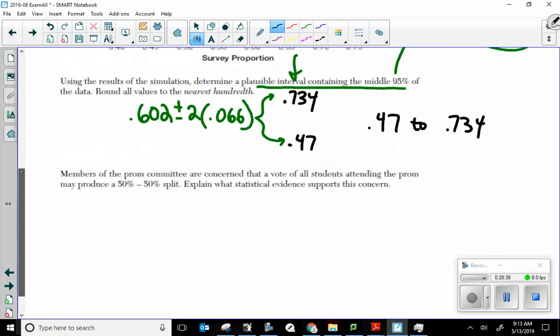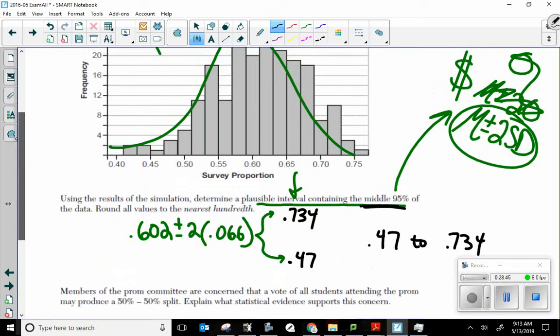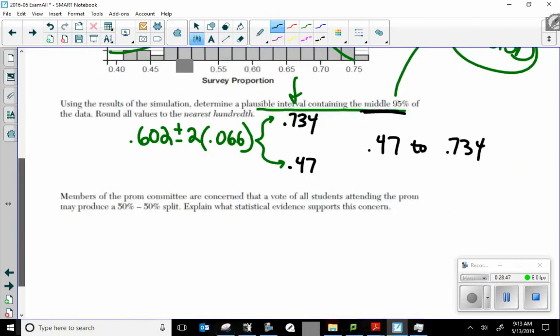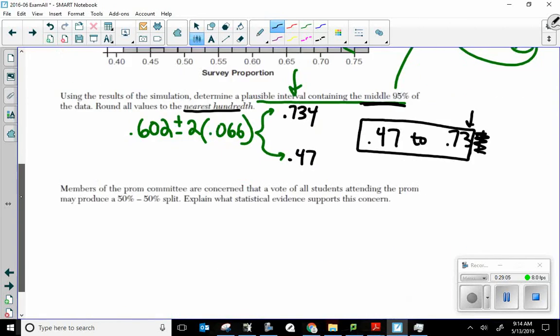Well, because of Mr. Visca's excitement of showing you that this was actually the moneymaker, I didn't finish reading that problem. It says round all values to the nearest hundredth. Hundredth is 2 decimal places. This 3 will stay a 3 and not round up. So your answer better not include that 4, the thousandths place, only the hundredths place. Simple. If you knew what you were doing and what you were looking for, this is real easy.